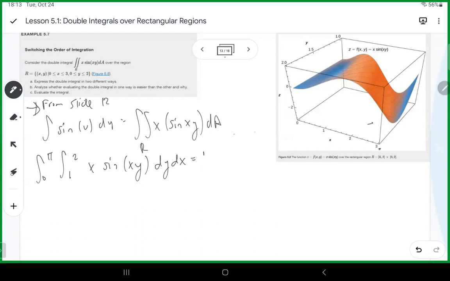And then if you use your integration, it would just be sine u du dx.